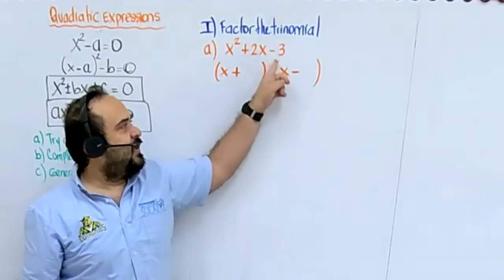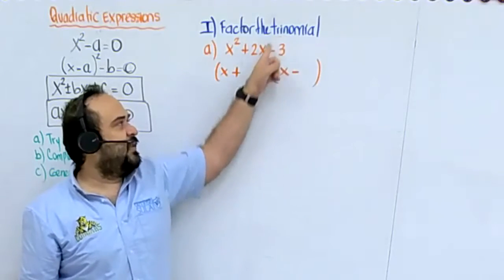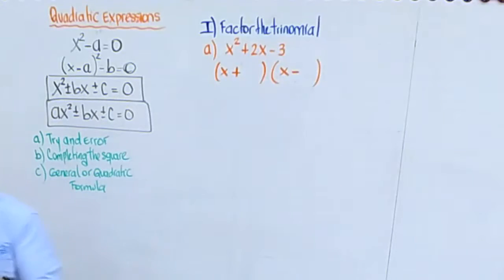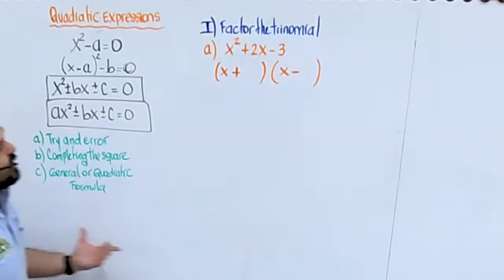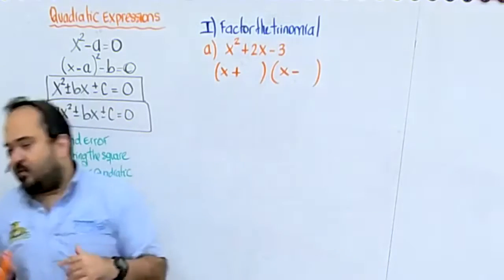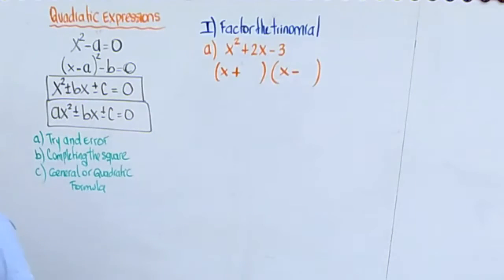Two numbers that, multiplied, give us the independent term, I mean, the number that doesn't have a variable. And at the same time, because we have two different signs, that means there's going to be a subtraction. The product gives us 3, and at the same time the result of subtracting them gives us 2.